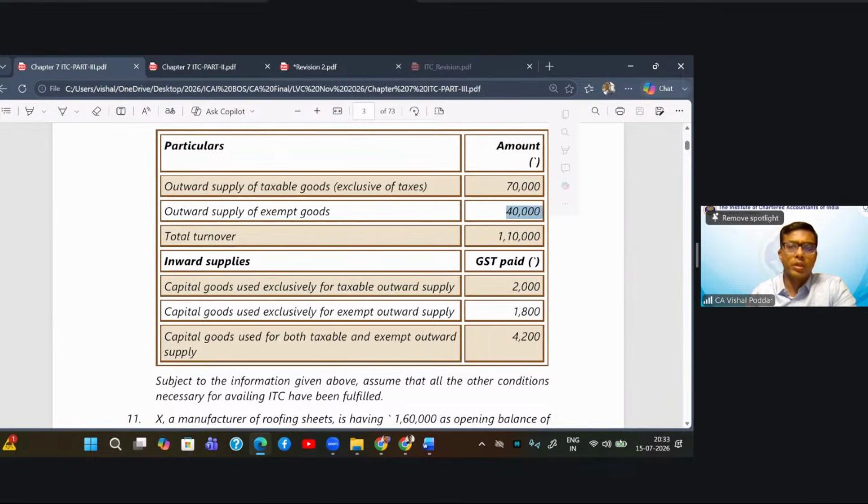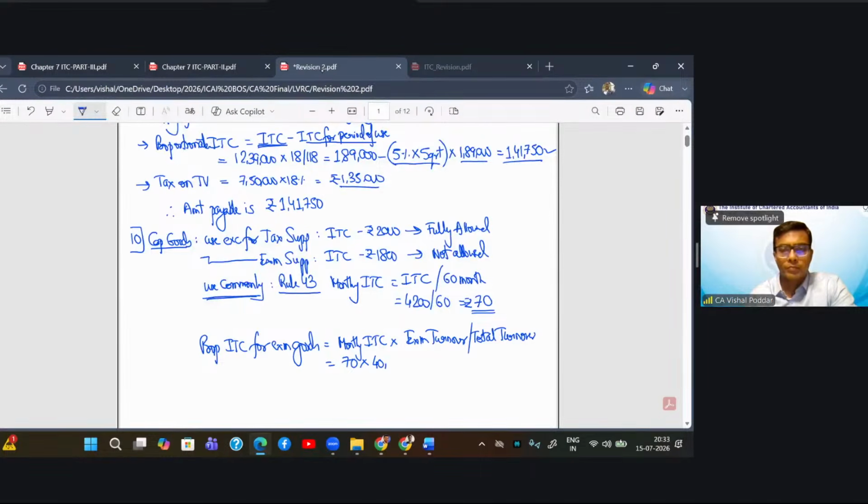It is 40,000 upon total turnover is 110. So I will get, out of 70, what is the proportionate amount to be reversed, correct? As per my calculations, I am getting 25.45, which is roughly 25.5.